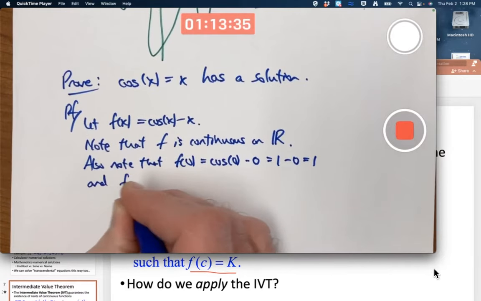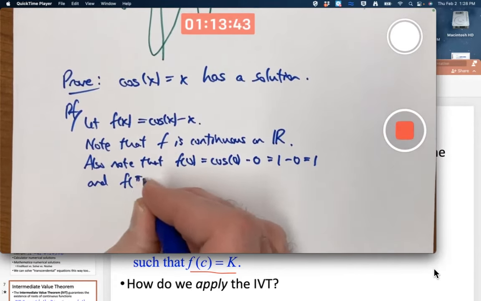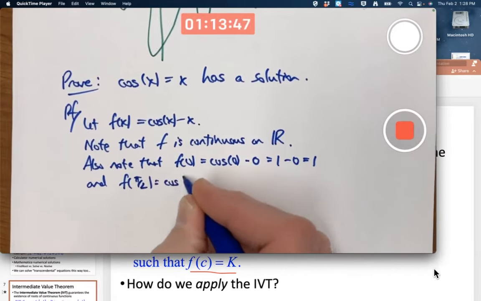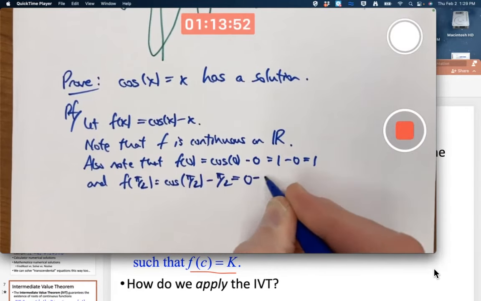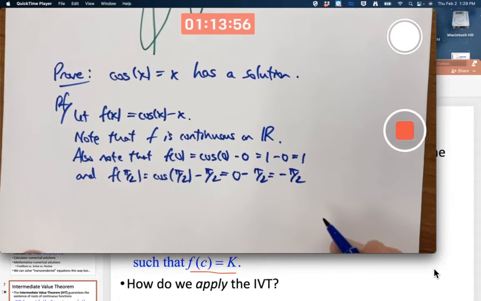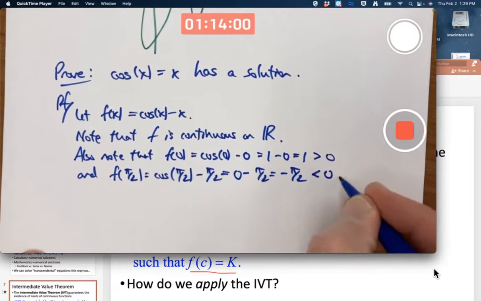And f of, let's use what? I want to use a number involving pi. How about pi over 2? Cosine of pi over 2 minus pi over 2 is 0 minus pi over 2, is negative pi over 2. 1 is positive, negative pi over 2 is negative.